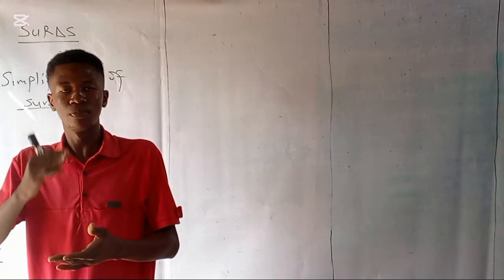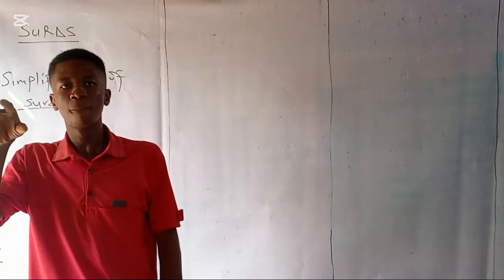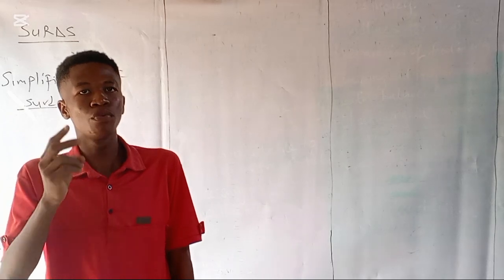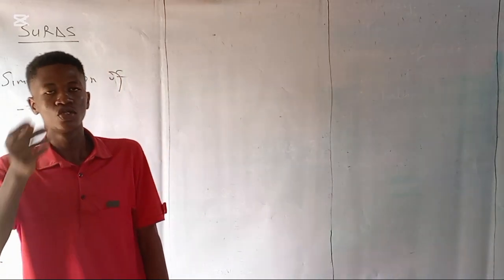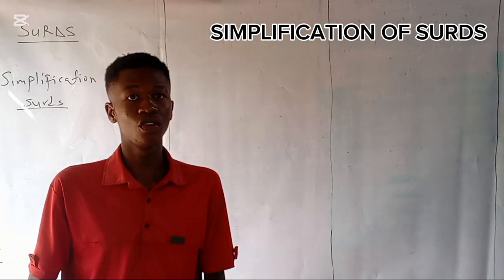For a surd to be simplified, the number under the square root must be expressed as the product of two factors such that one must be a perfect square. Do you know what a perfect square is?